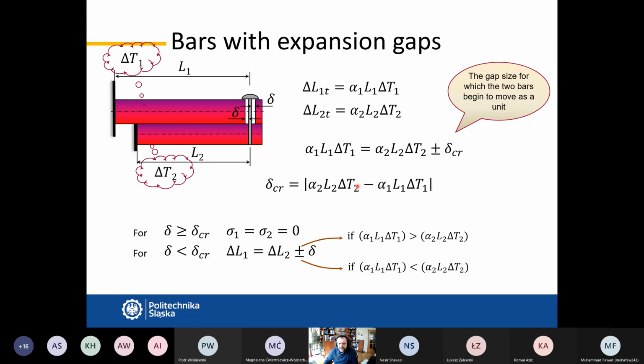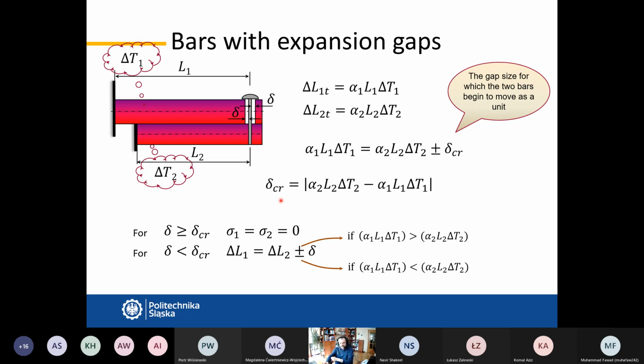So if there are such parameters for a given, let's say, there are deformations for object number 1 and object number 2, this is the critical gap size. So this is the gap size when they do not come in contact.